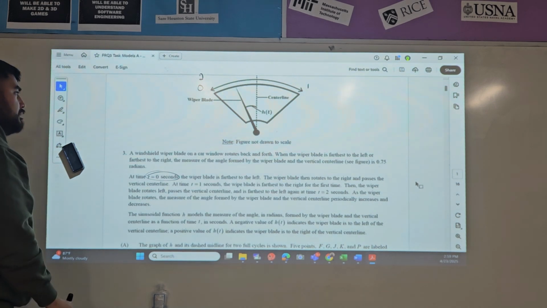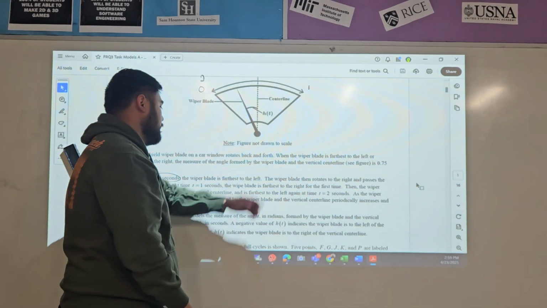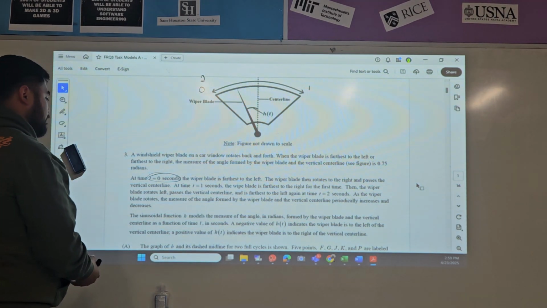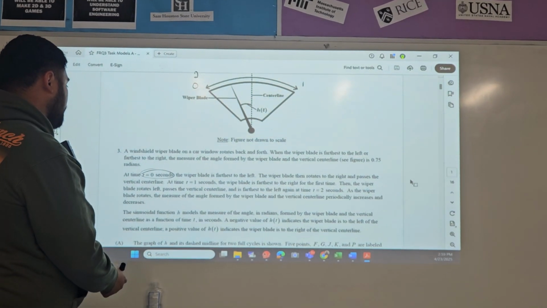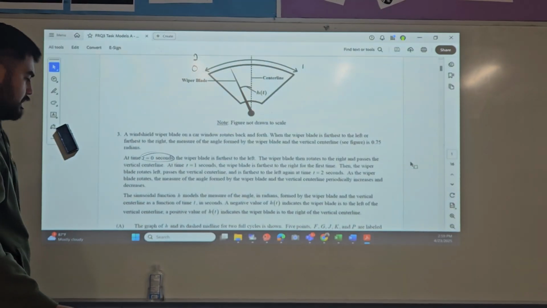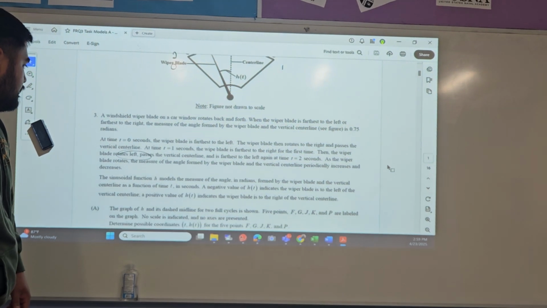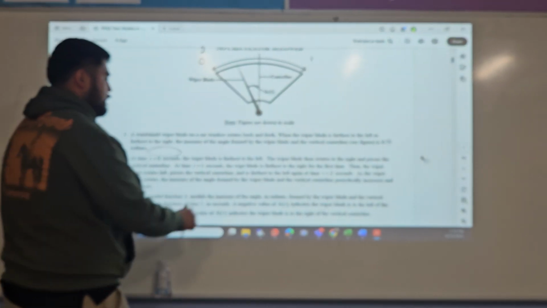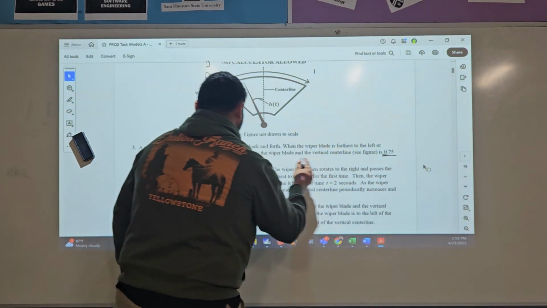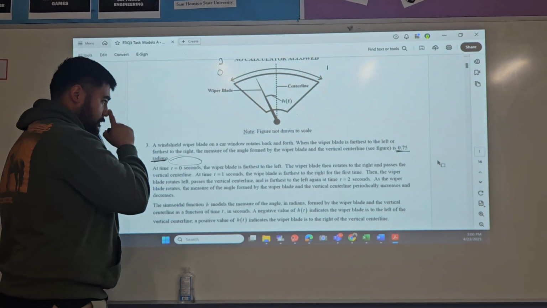So now what's happening here? The center line is already given, right? So when it's farthest to the left, it's stating here that it's 0.75 radians.